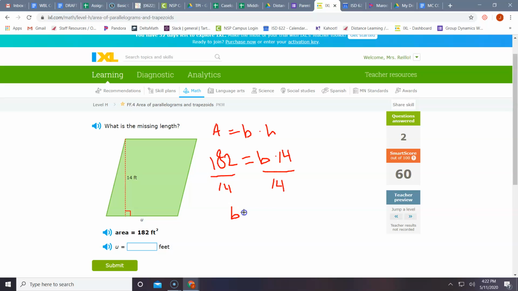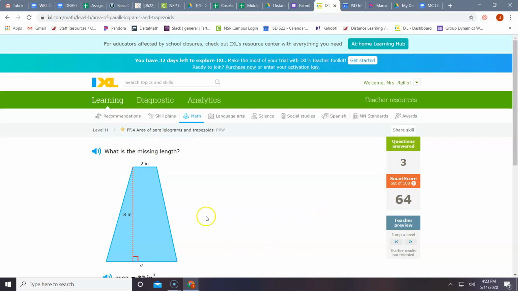And then we will find that our base equals 182 divided by 14, and we end up with 13. Wonderful.